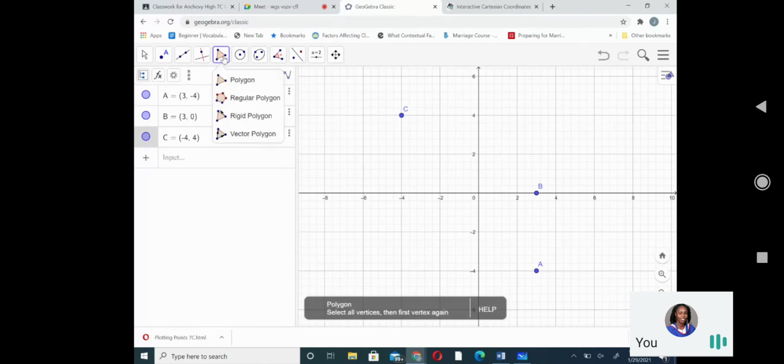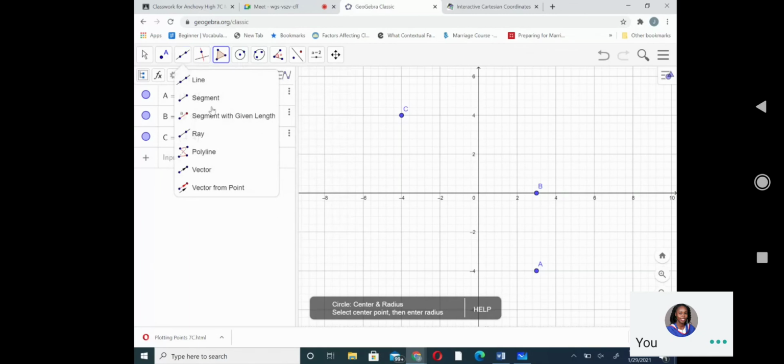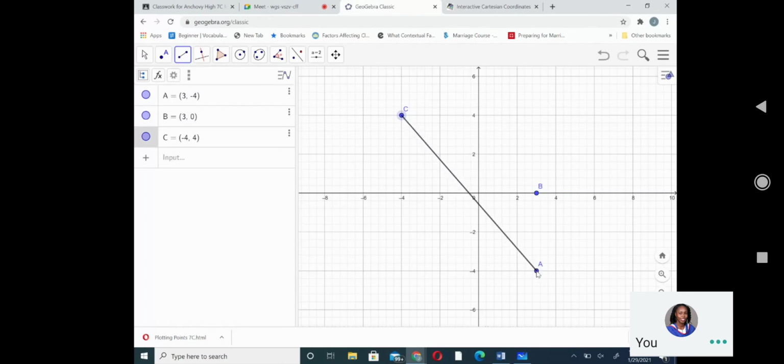We can connect the dots. Uh-oh. What was this one? A was 3, -4.